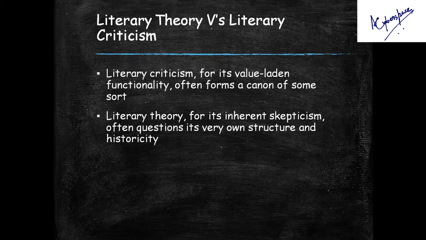For instance, if you think of John Donne, not a very canonical poet, not a canonical poet at all, until T.S. Eliot, a towering poetic genius in the early 20th century in the West, came up with his valorization of John Donne and the metaphysical poets.